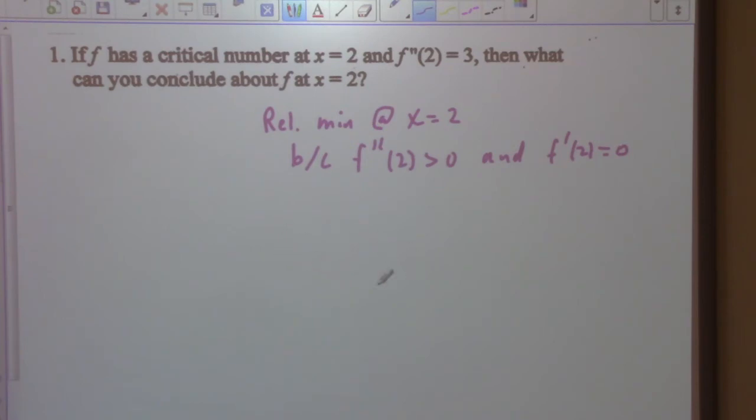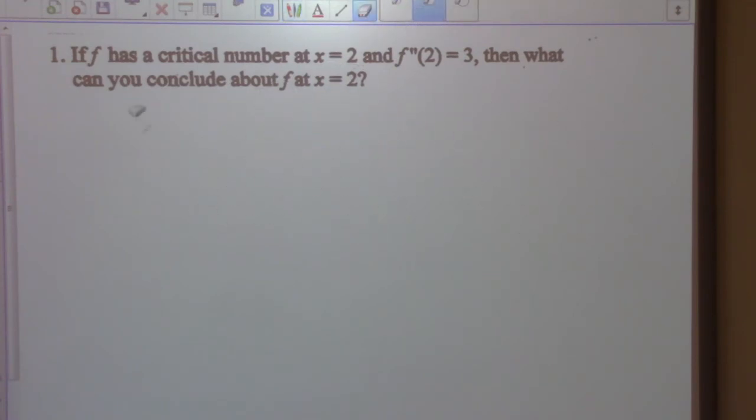All right, so that's our answer to that one. This is one of those problems that, when you see it, should be about a 30-second problem.